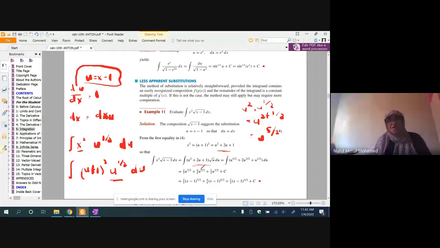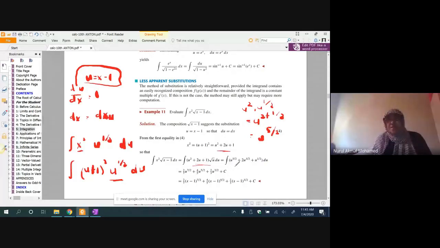For the second one, it is 2u multiplied with u to the power of 1/2, so it will be 2u to the power of 3/2. The third expression will be 1 multiplied with the square root of u, which gives you u to the power of 1/2.